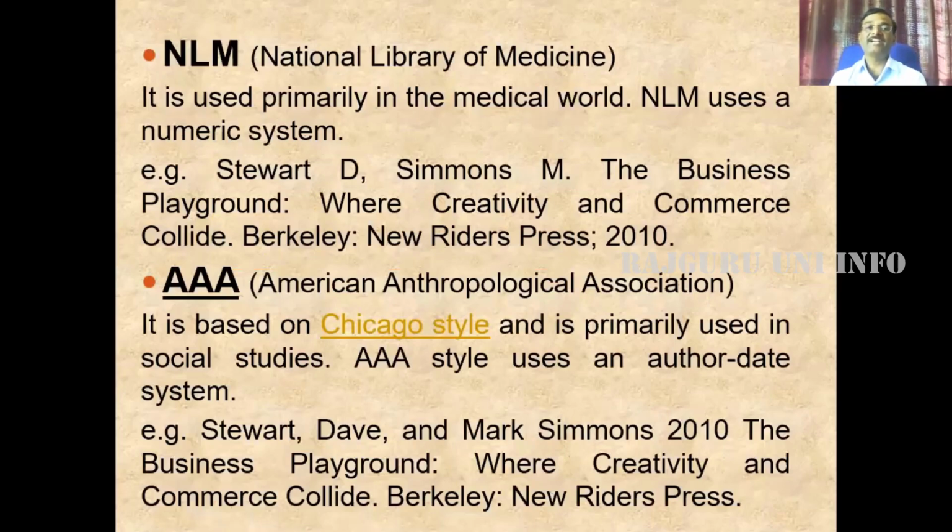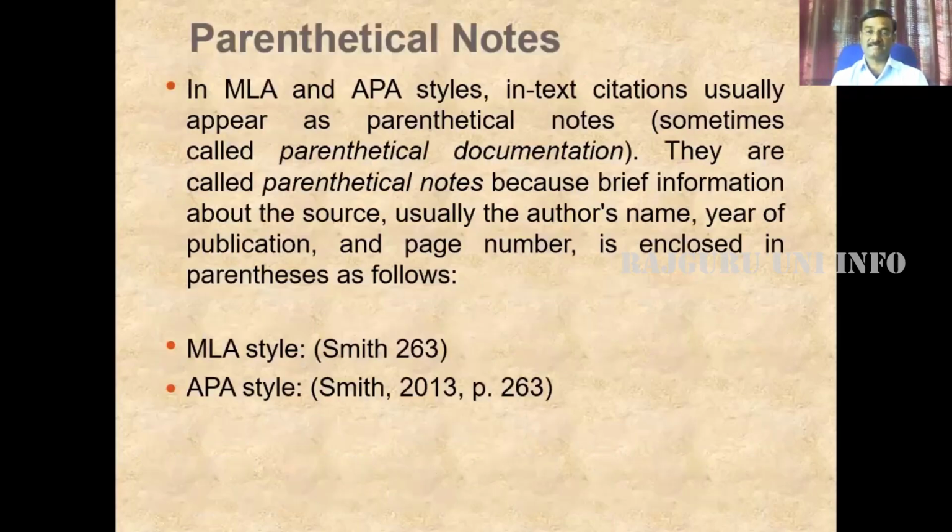Another style of citation we find is NLM, National Library of Medicine, used primarily in the medical world, and it uses the numeric system. Another citation method we are finding is AAA, American Anthropological Association. It is based on Chicago style only and primarily used in social studies. AAA also uses an author date system.